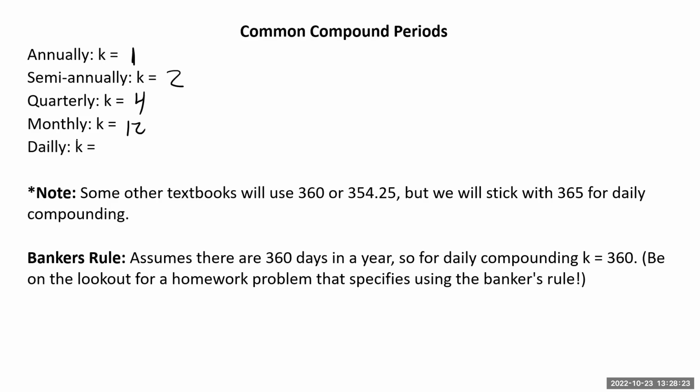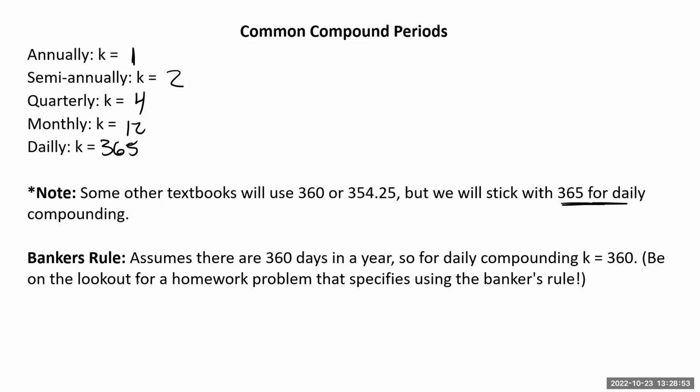And then if you have daily compounding, that would generally be 365. Some books will use 360 or 364.25. We're going to stick with 365 for daily compounding.